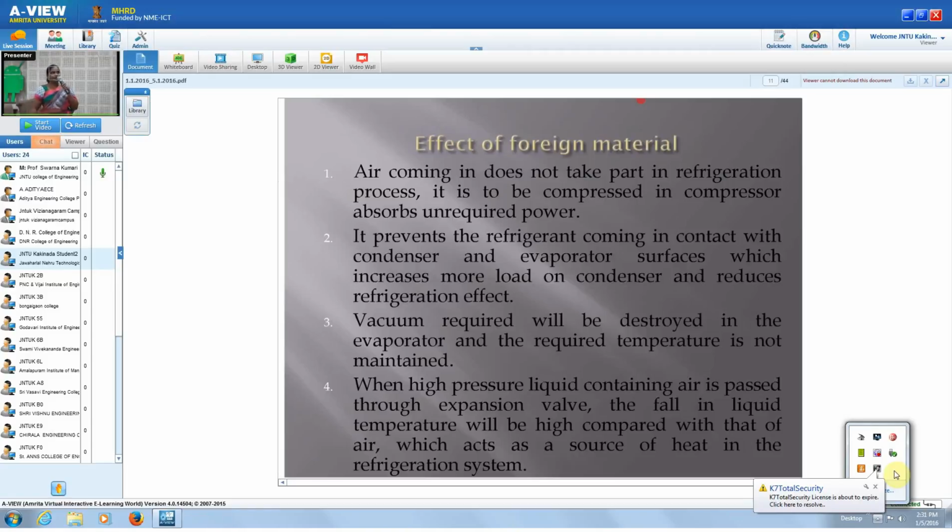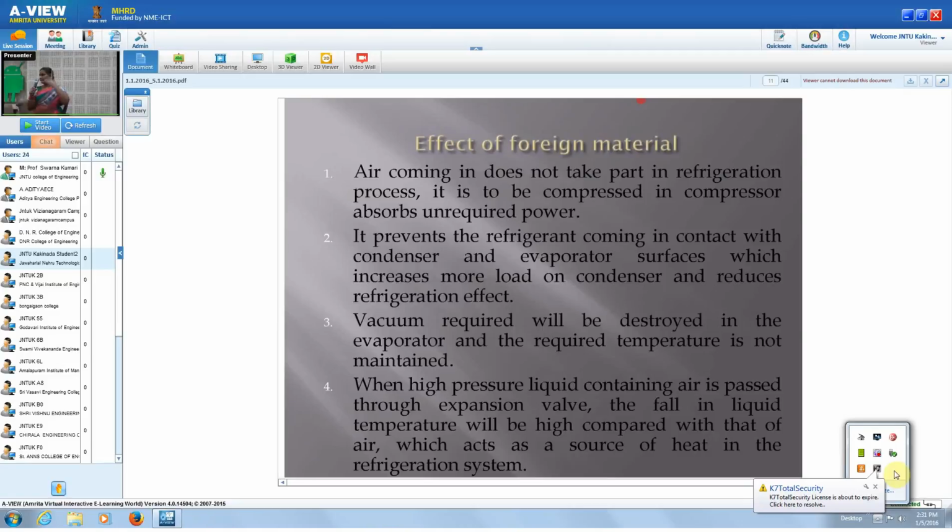Air coming in does not take part in the refrigeration process, and it has to be compressed in the compressor, which will increase the work input required in the compressor, and it prevents the refrigerant from coming in contact with the condenser and evaporator. With that, the size of the evaporator required will be more, and the amount of refrigeration produced will also be less.